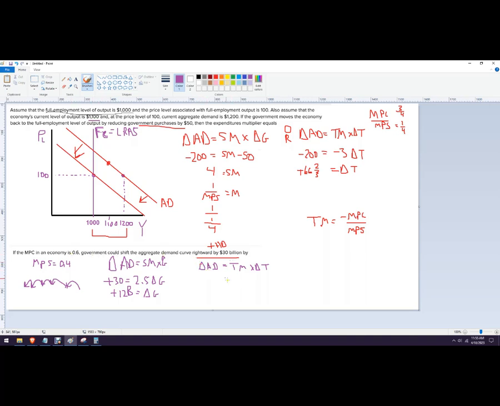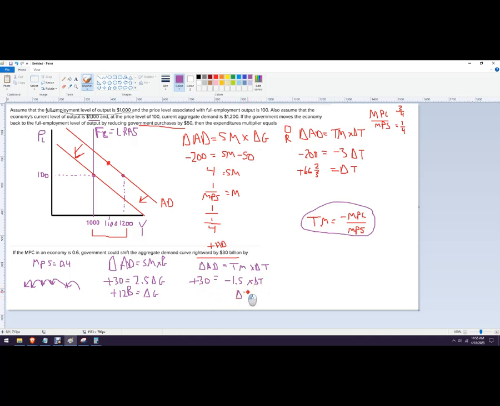All right, so then let's do the tax multiplier. We could just quickly say, if the spending multiplier was 2.5, then I know that the tax multiplier is 1.5 and it's negative. So multiply that by the change in T and a positive 30 billion. So the change in T has to be negative.